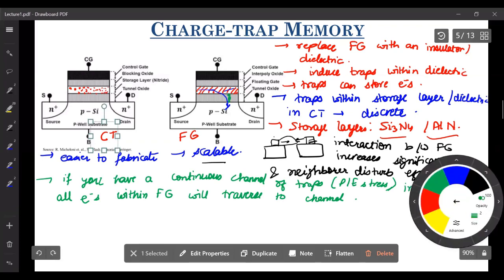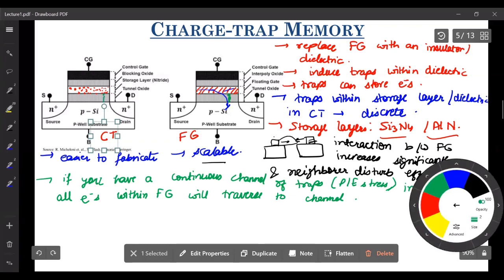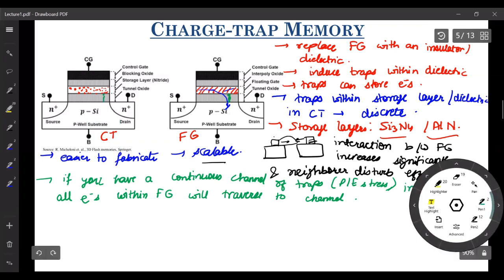So in that case, even if you have a continuous channel here, only the electrons which are close to that continuous channel, close to the traps, let me just write that as well.